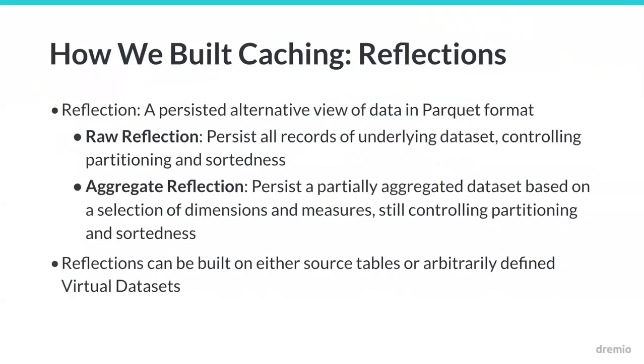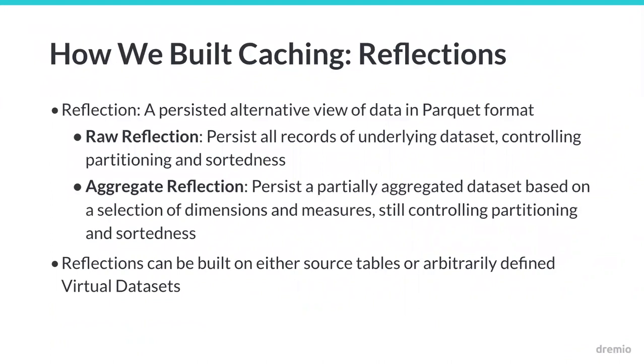So here's how we built the cache. We call them reflections. Essentially a reflection is a persisted alternative view of data stored in a Parquet format. And we have two types of reflections. One is a raw reflection, which persists all the records of the underlying data set, but allows you to control how you partition and sort the data.